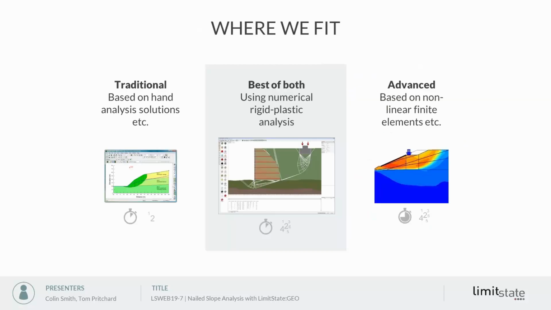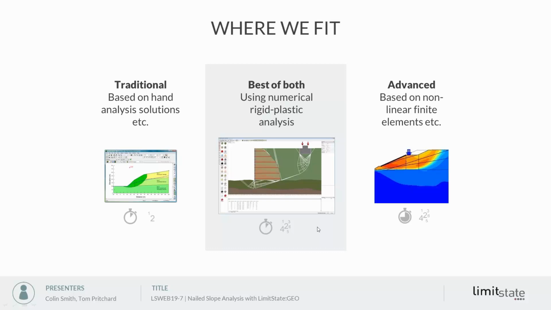In terms of where our software fits, we focus on tools for ultimate limit state analysis, so it allows us to provide products that combine the speed, ease of use, and simplicity of traditional methods, but also give us the flexibility of finite element methods to handle any geometry. So thus, the only parameters we really need are the cohesion, friction, and self-weight of soil, plus properties of any other materials that we will incorporate into the model.